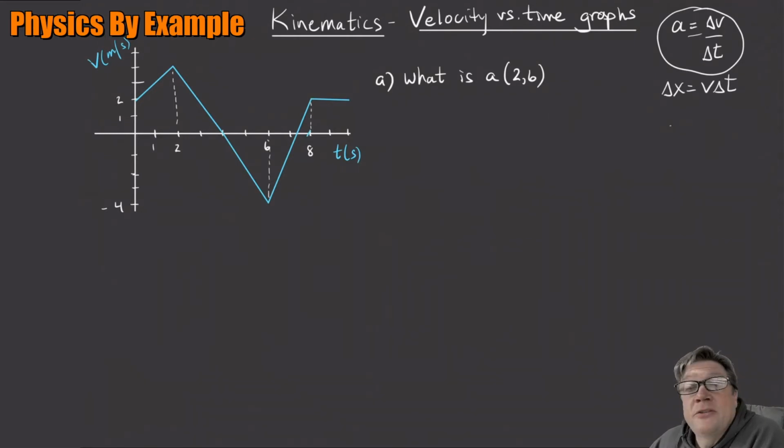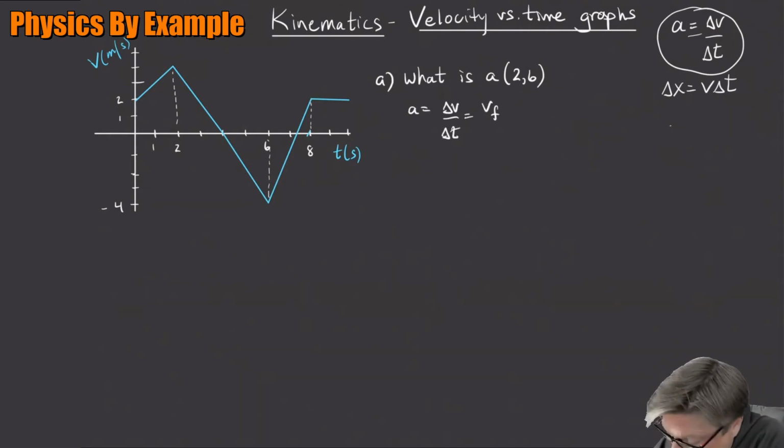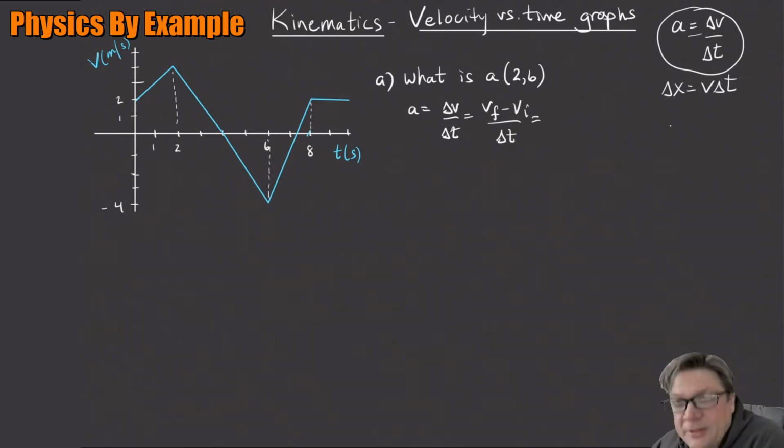So we just need to know the change of the velocity divided by the change in time, and let's be careful. a is delta v over delta t. Delta is always final minus initial. At the end of that interval, at 6 seconds, what is v?